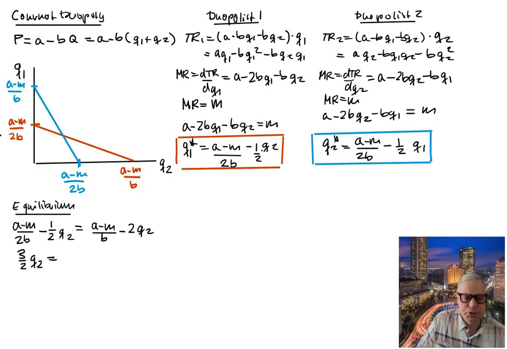So this term becomes now (A minus M) over 2B, because I subtract half one, and then I multiply both sides by 2 over 3, and then I get Q2 star. The 2 cancels out, so (A minus M) over 3.